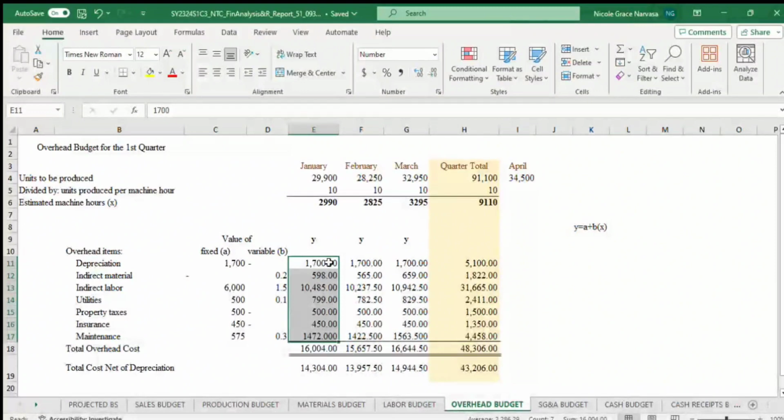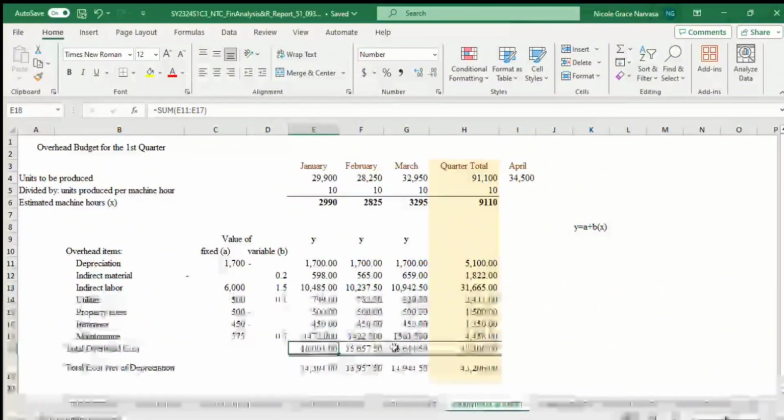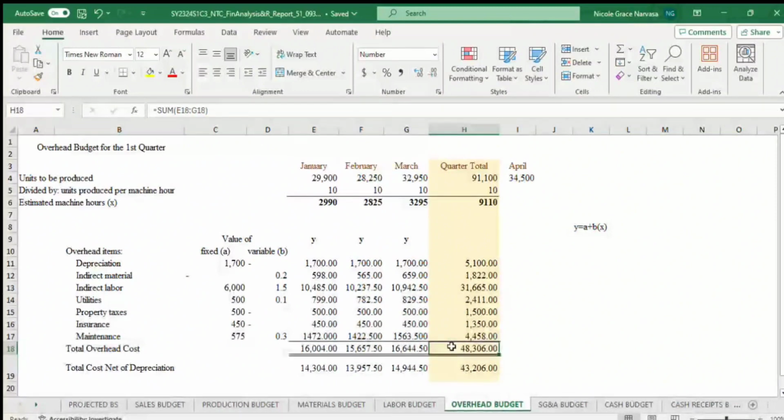So 1,700, 598, 1,485, 799, 500, 450, 1,472 is equal to 16,004 for the month of January, with a quarter total of 48,306.